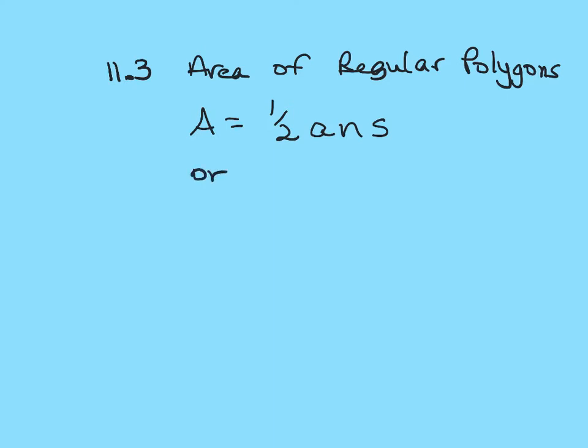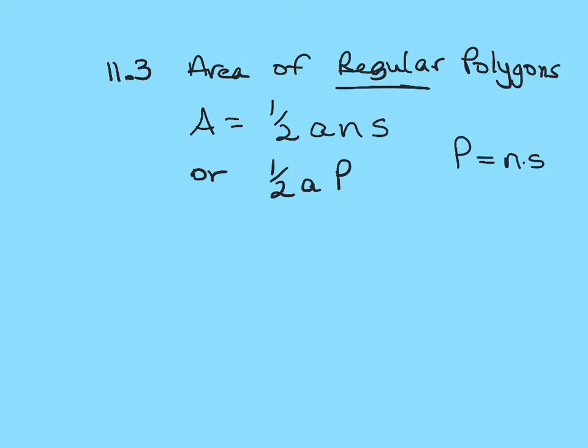Another way you can memorize this formula is 1/2 apothem times perimeter, because remember, to find the perimeter of any shape, you take the number of sides and multiply it by the side length. Now remember, this formula is for only regular polygons.